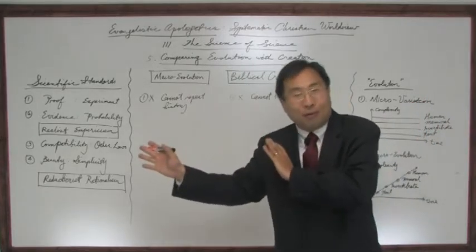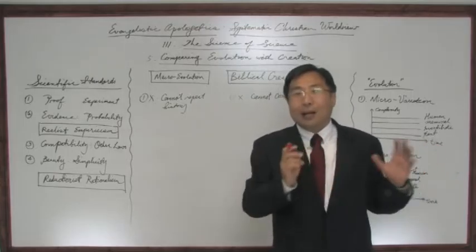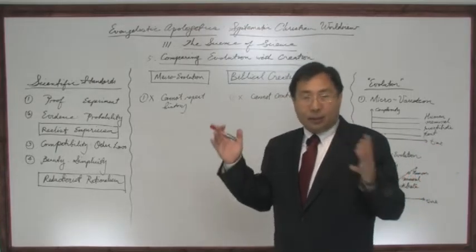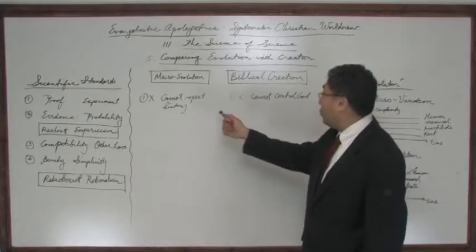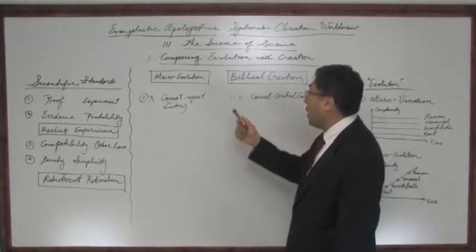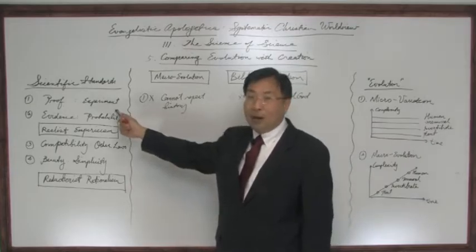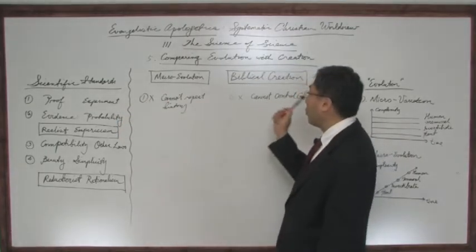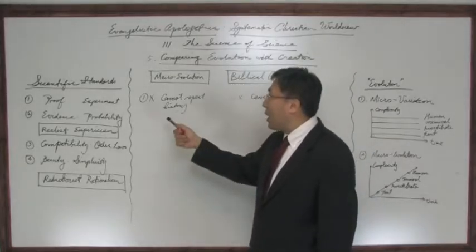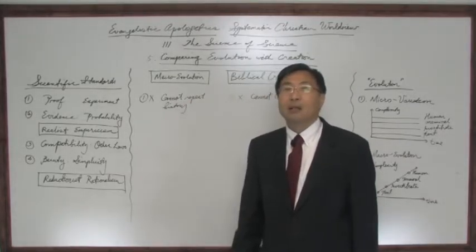Recreate a new universe, not just like ours, and let us watch. Well, sorry, you cannot control God. So you cannot repeat history, you cannot control God. In other words, on the same standard of proof by experiment about the origin, either evolution or creation, neither can be proven.